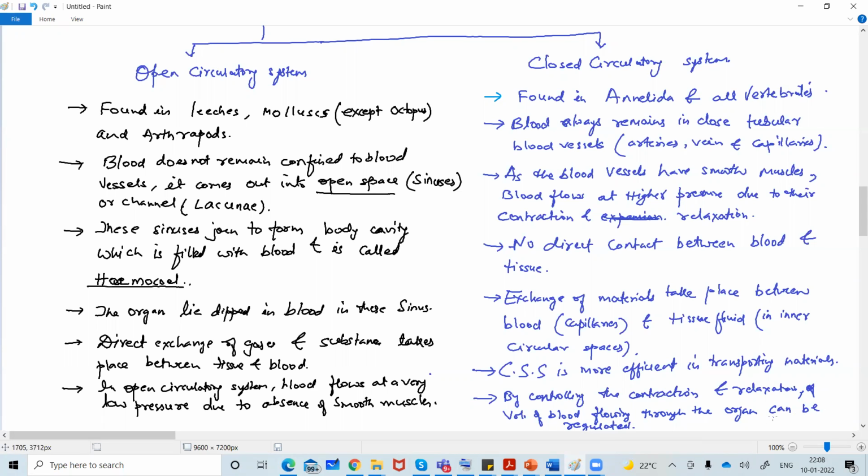Fine. And so in this way, the flow and everything will be maintained as well as controlled also. Fine.